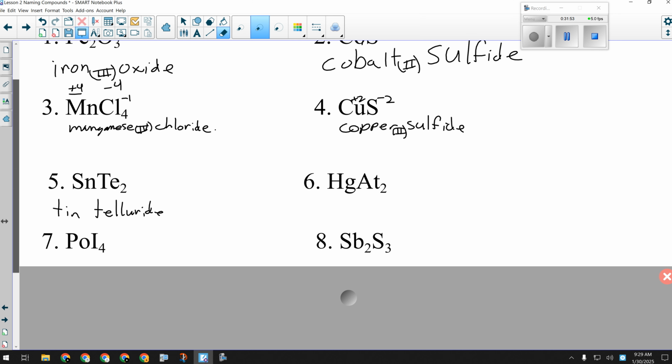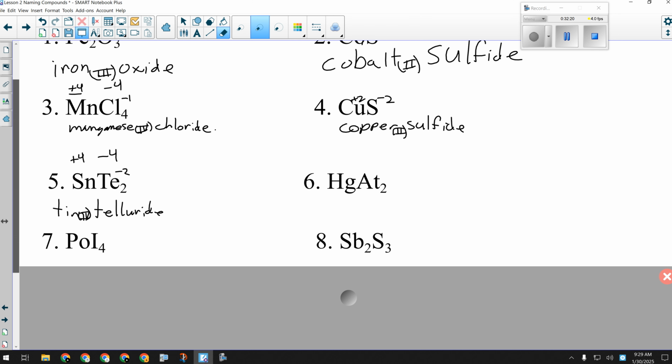Tellurium is always a -2, and there are 2, so there are 4 negative charges in total. That means I need to get 4 positive charges out of the single tin that I have. So this tin actually has a charge of 4. So this is tin IV telluride.